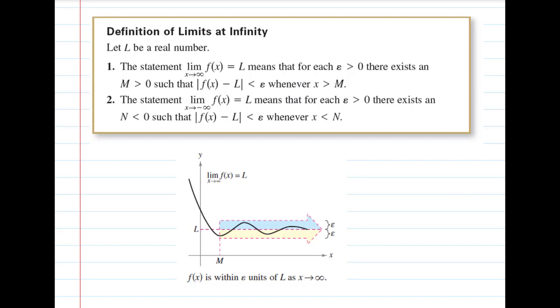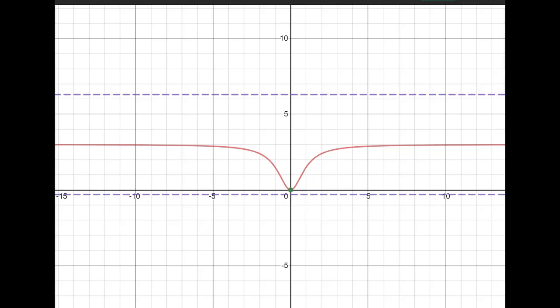And I'm talking about number 1 here on the definition. Similarly, if you want to do it on the other side, going to negative infinity, it works the same way, right? So this is as x goes to infinity. If I make that epsilon smaller, I can move that m to the right and always guarantee that I'm going to have all my function values in that neighborhood.